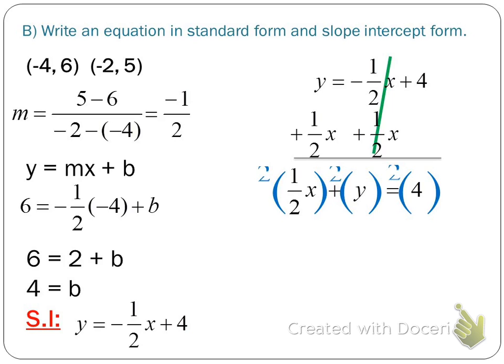So you have to distribute a 2. So I'm going to multiply each term on both sides by a 2. So 2 times 1/2 is just 1. So 1x, or just x, plus 2y equals 8.